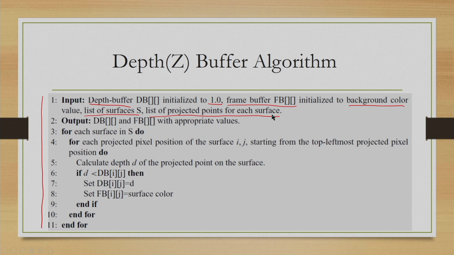So, all these are input, and output is this depth buffer and frame buffer with appropriate values. That means, depth buffer value will keep on changing and frame buffer will contain the final values at the end of the algorithm. So, what we do for each surface in this surface list, we perform some steps.